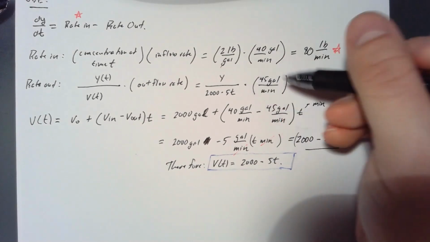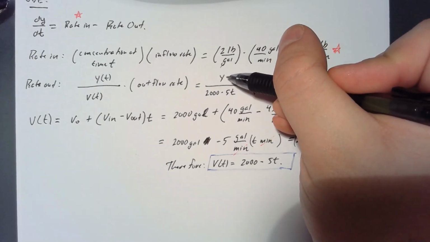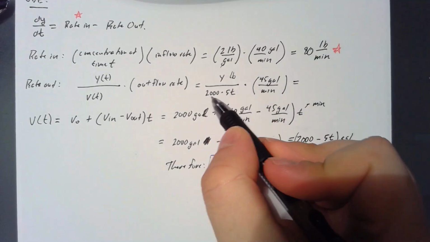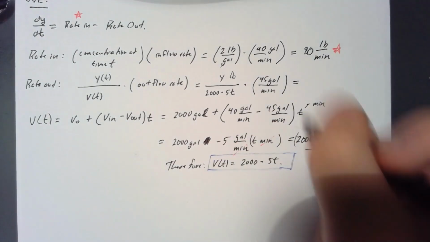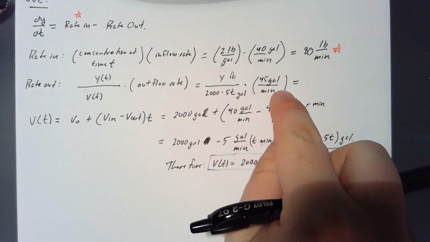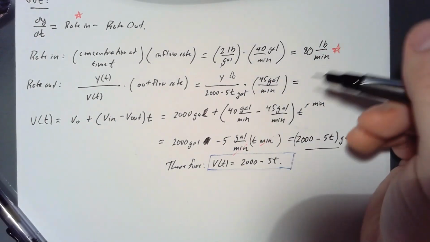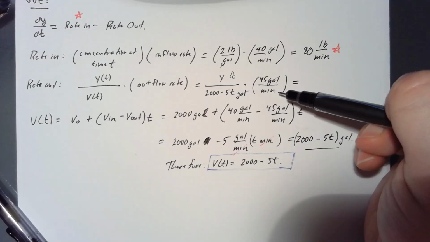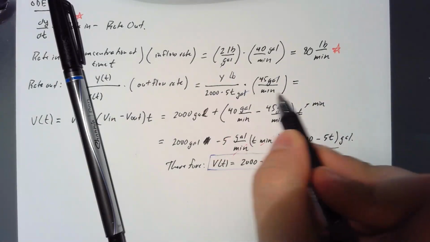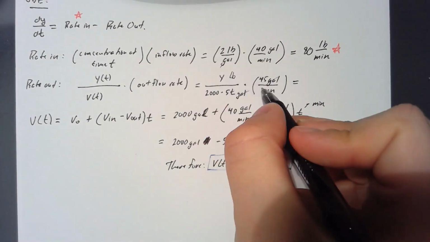Now remember how I said earlier the units should work out to pounds per minute? Well, the amount of stuff is measured in pounds, right? What are the units of this quantity? We just got done saying it's gallons, isn't it? So if I multiply this by this, what happens? The gallons cancel, and I'm left with pounds per minute, which is exactly what I need. So when I multiply this by this, I get y.